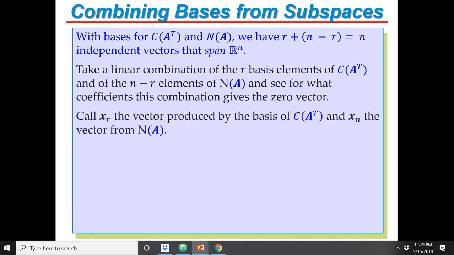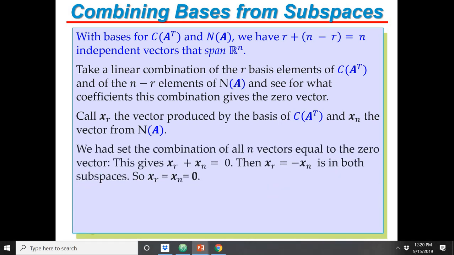Now, if I do this, will you agree with me that the linear combination of the vectors from the row space will be a vector xr in the row space, and the linear combination from the null space will be a vector xn from the null space, okay? Because linear combinations of the row space basis produce a vector in the row space.